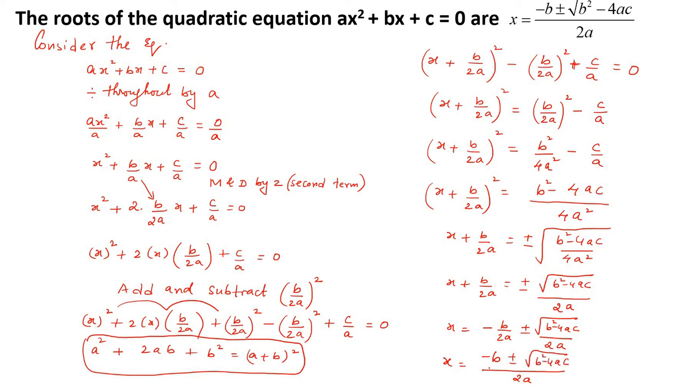So with this, we are able to prove that the values of x are minus b plus or minus under root b square minus 4ac whole divided by 2a. Nothing but the roots of the quadratic equation ax square plus bx plus c equals to 0 are minus b plus or minus root b square minus 4ac by 2a.